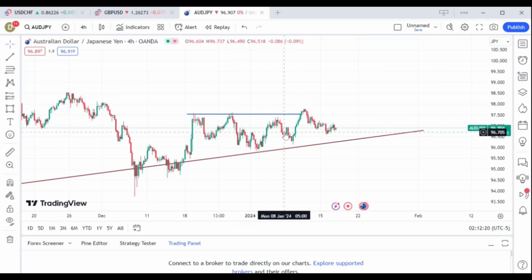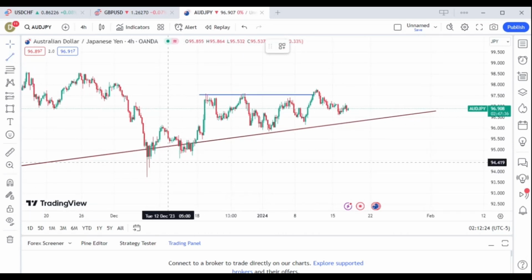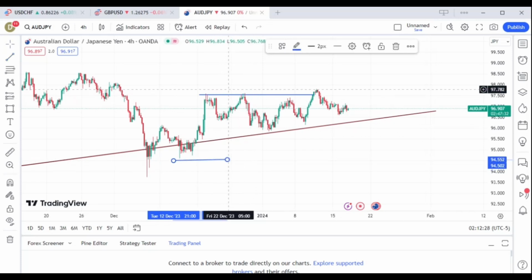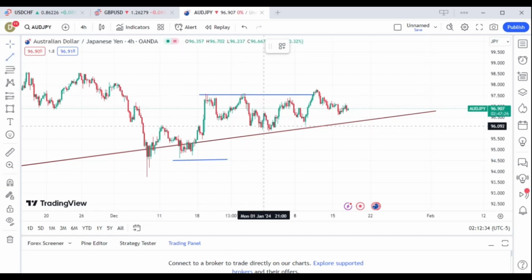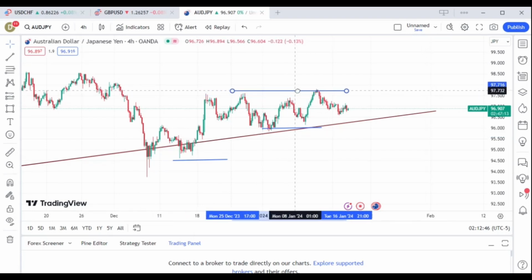Let me make it very clear. Now this is the low, and this is the high that came with this low. Now this high gave us this low here, this low here, and this low gave us this high here.